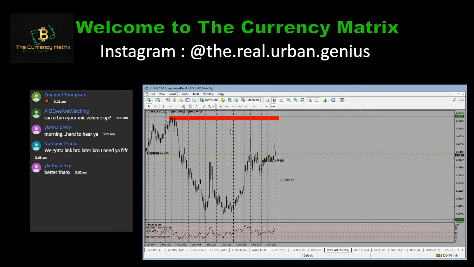Everybody knows exactly what I'm doing right now, right? If you don't, go ahead and drop a question. But all I'm doing is hitting my support and my resistance, doing my top down from the monthly chart.